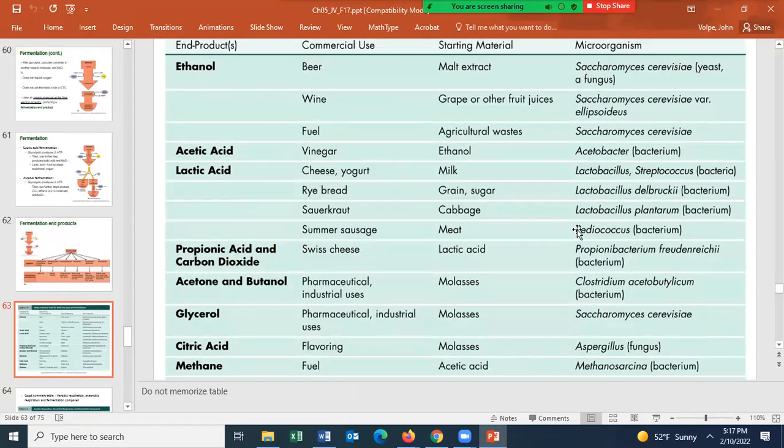Fermentation is used commercially to make different products. Ethanol fermentation is used to make beer and wine, and we use that to make the alcohol that you can find in your gasoline as well, fuel.